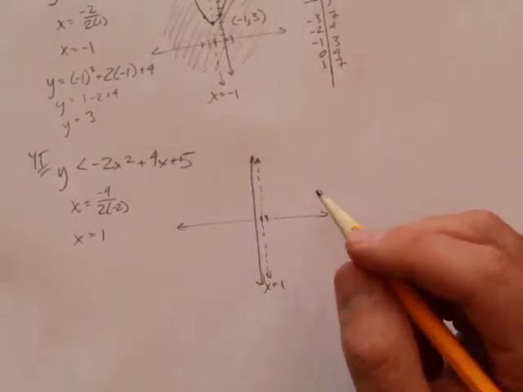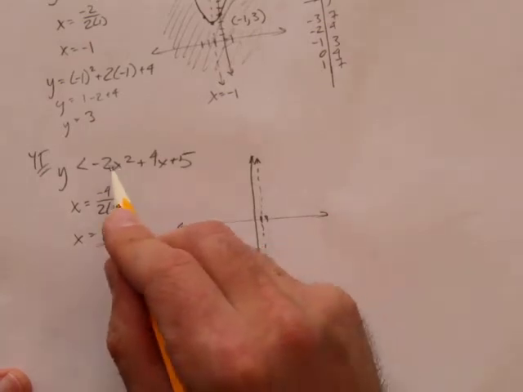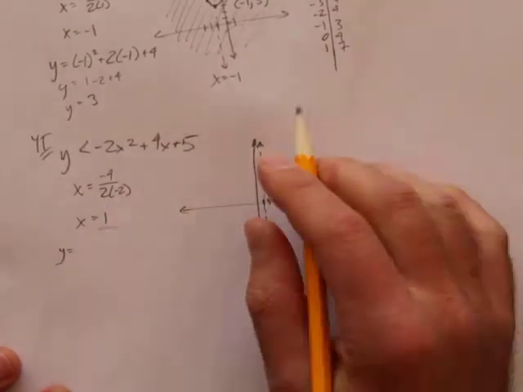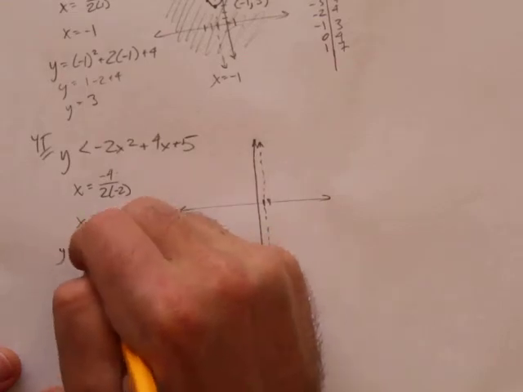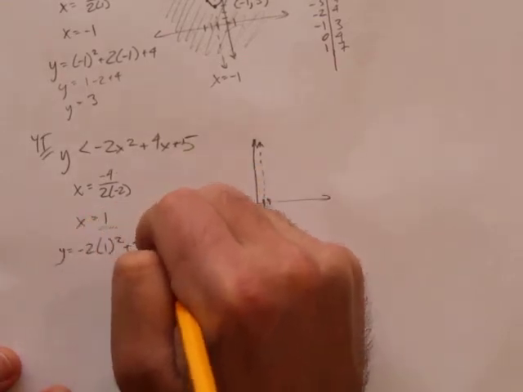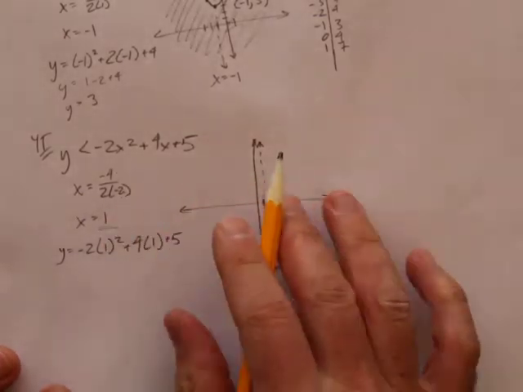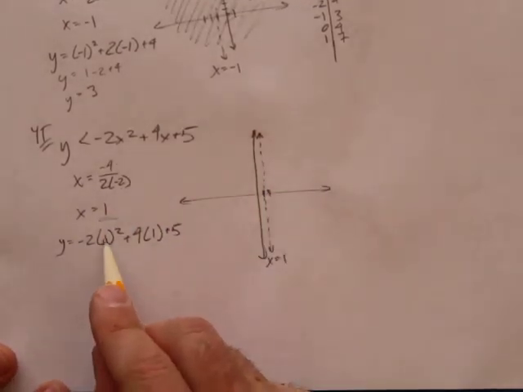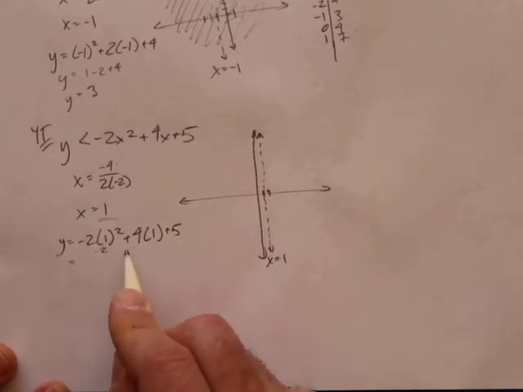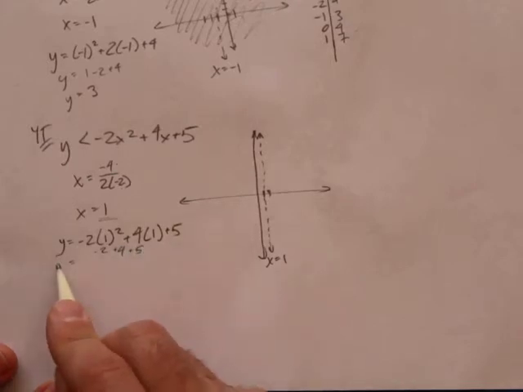And then I need to plug my 1 back into the original equation, or inequality, but I'm going to make it into an equation here, to find out what my vertex is. Negative 2 times 1 squared plus 4 times 1 plus 5, so I plugged 1 in for x. Now 1 squared is 1, so I've got negative 2 plus 4 plus 5 equals y.